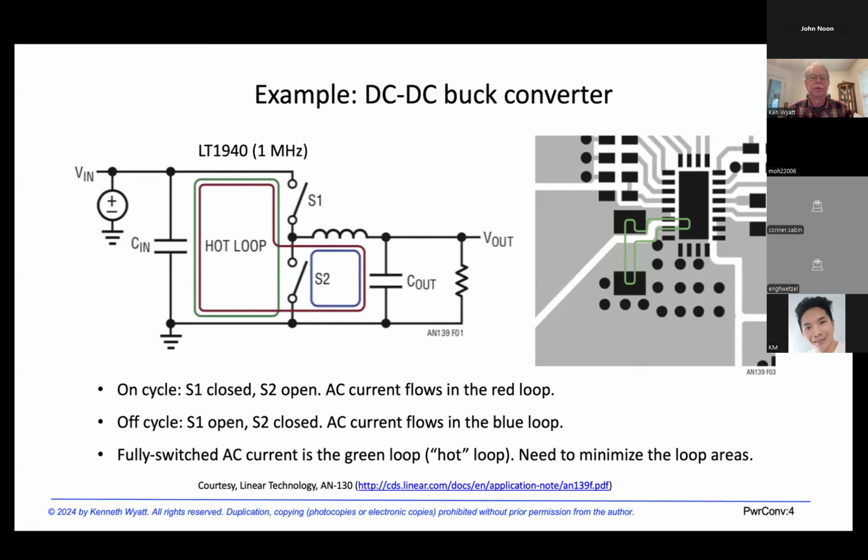As these switches S1 and S2 switch alternately, you get a continual current flowing in the primary side. We call that the hot loop sometimes. And we want to make sure both these loop areas are minimized. You can see an example of that in the figure, the circuit board on the right.